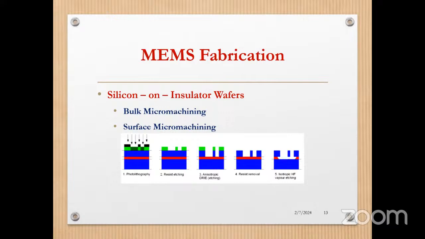Next one is surface micromachining. In surface micromachining, we deposit some other material on top of the surface of the material, and a product is developed. So in bulk micromachining, we are removing some regions of the material. In surface micromachining, we are depositing. So any structure is possible.